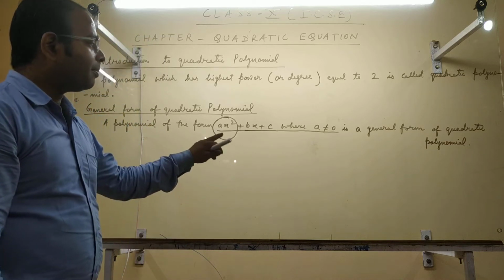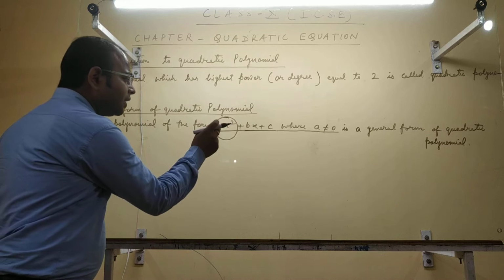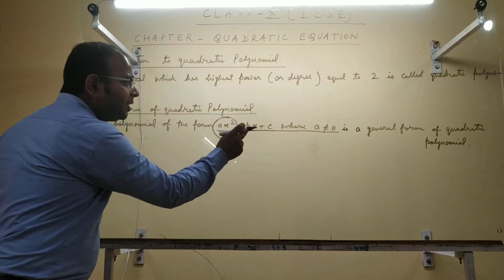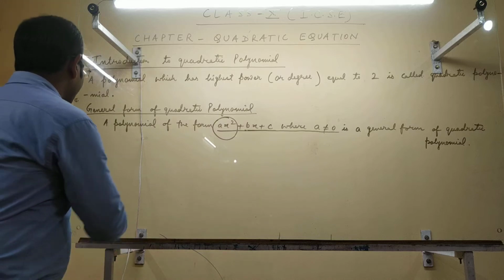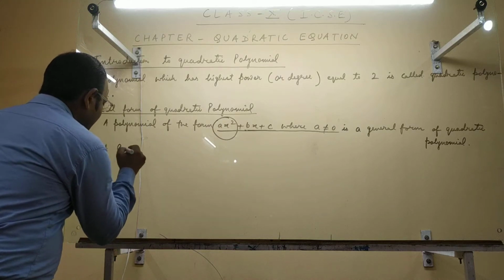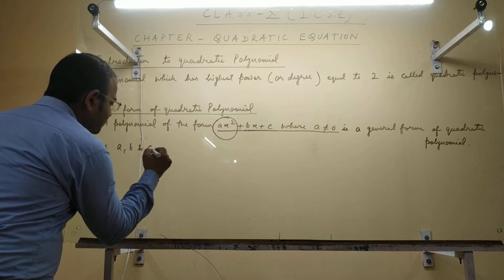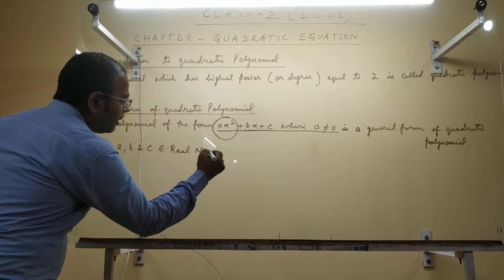So this term must be present in the quadratic equation. Here the symbols a, b and c are just constants, and they are real numbers, where a, b and c belong to real numbers.